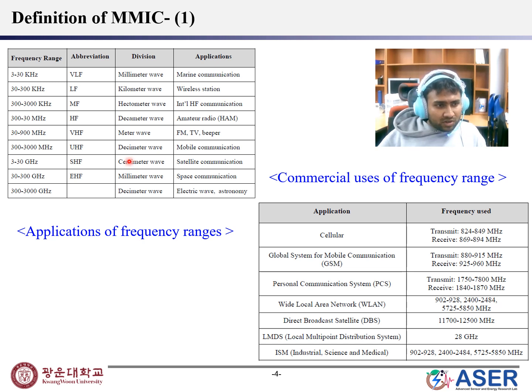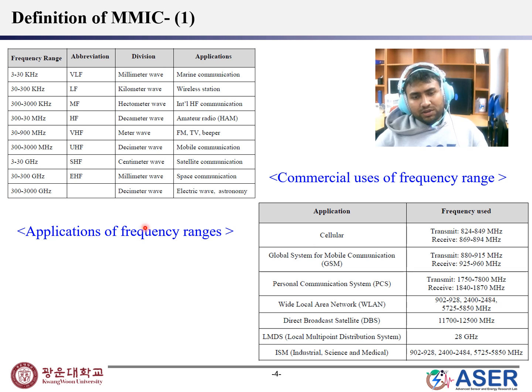For space communication it is EHF, millimeter range wavelength. That frequency range is 30 to 300 gigahertz. For radio wave and astronomy, the decimeter wave range wavelength, that frequency range is 300 to 3000 gigahertz.